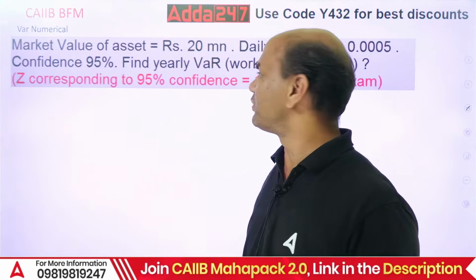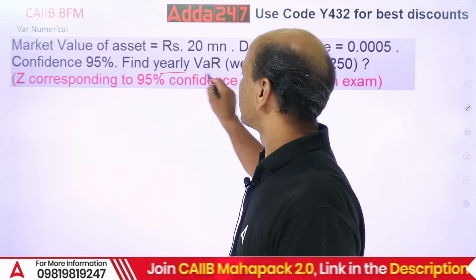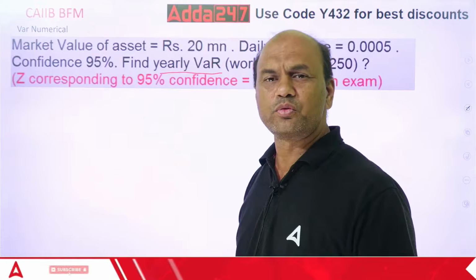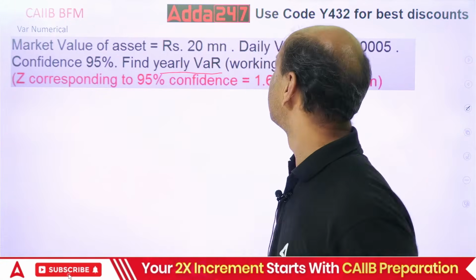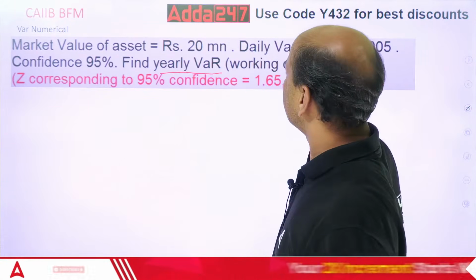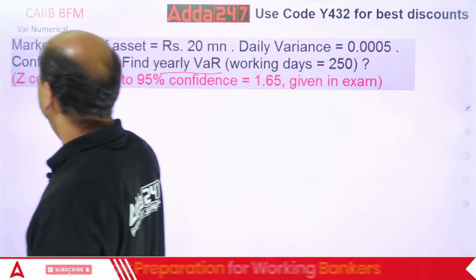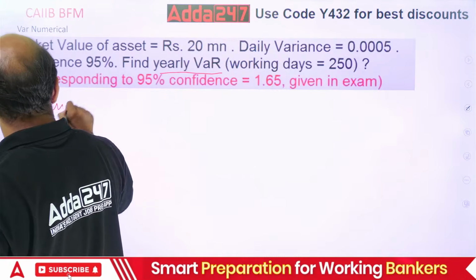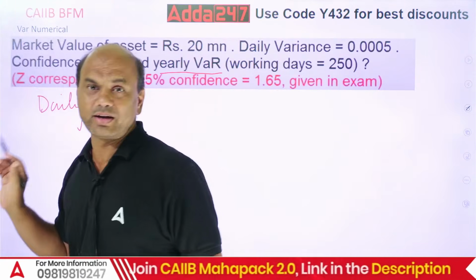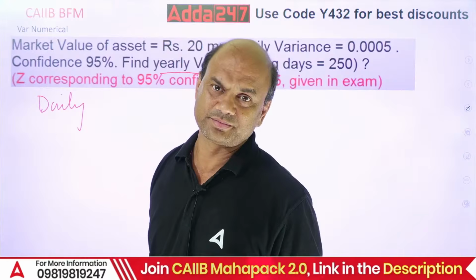First, what do you want? Yearly VAR. For that, you need to first find out daily VAR. Now, daily variance is given, not daily VAR. So daily VAR you need to find out. These numericals you will not find in any book nowadays.